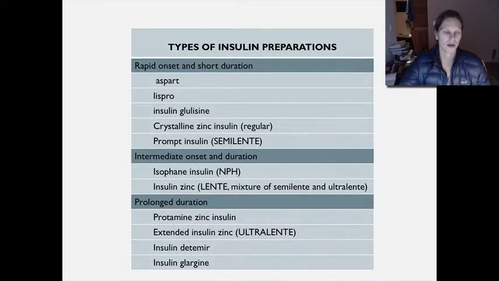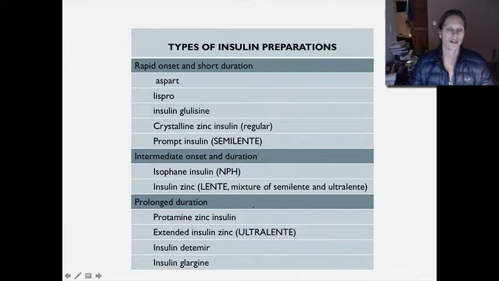So you don't need to memorize this at all, but I wanted to give it to you so you have an idea of what some of these names are, because you're going to get them in other places later on. The rapid onset and short durations are these ones here. The intermediate onset and duration are here, and the prolonged duration are down here. So you'll hear semi-lente, NPH, lente, ultra-lente.